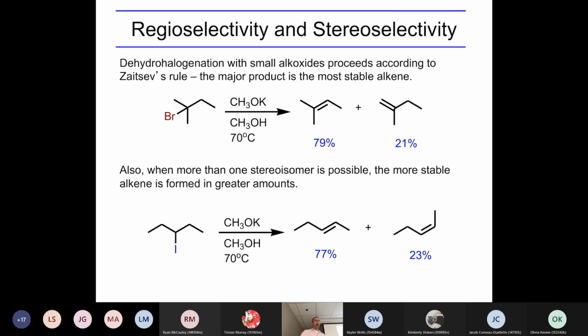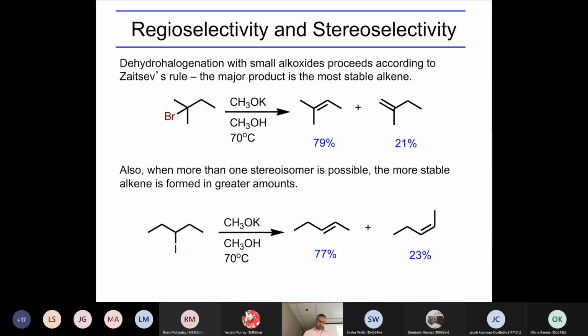We're going to jump back and look in a little more detail, apply some of these new things we've learned, and maybe a few other new things to the E2 reactions that we looked at back in Unit 6. Remember in Unit 6, we had alkyl halides, and we would use alkoxides, either a bulky alkoxide or a small alkoxide, and they would do E2 reactions, right?